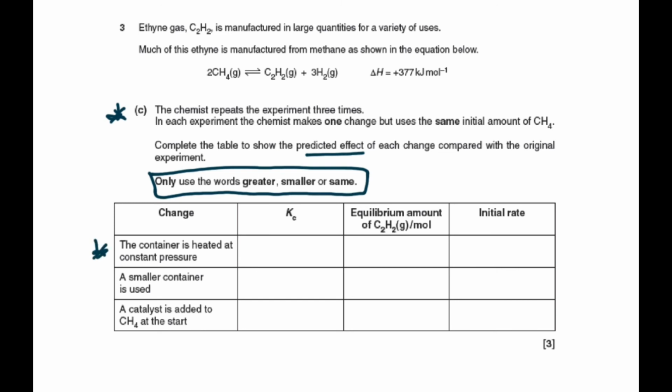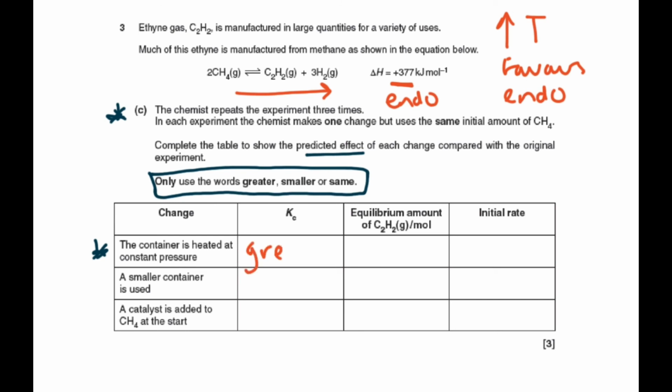So the temperature is increased. Temperature increased favors the endothermic reaction. You can see that the reaction is endothermic. So increase in temperature, Le Chatelier's principle, is going to move the position of equilibrium to the right. Therefore, the value for Kc is going to be greater, because you're moving to the right.